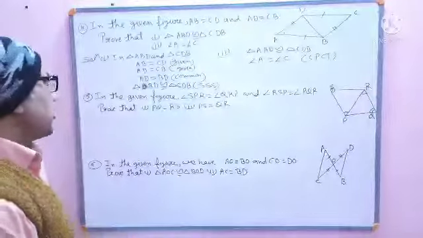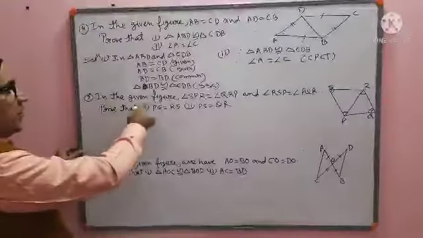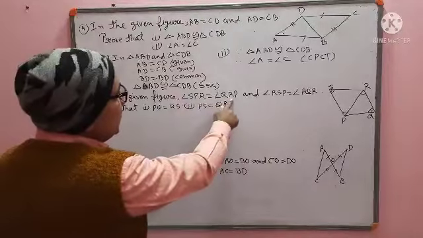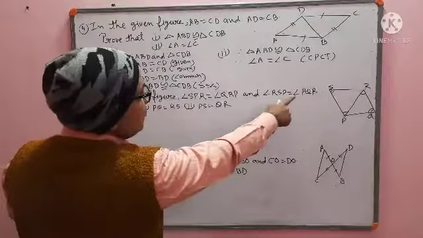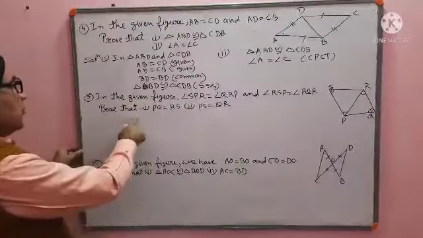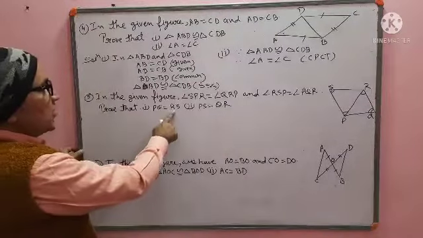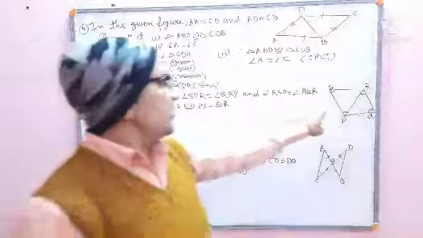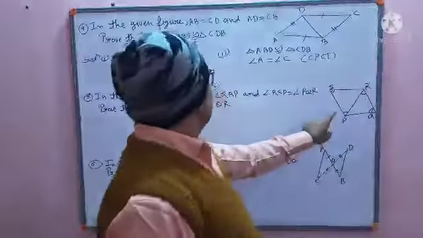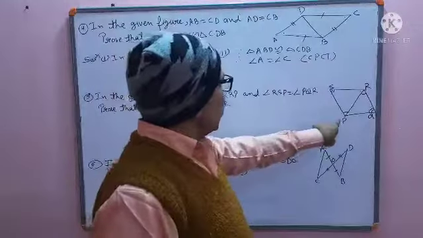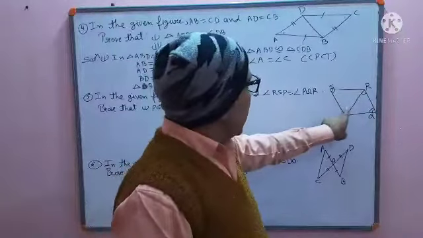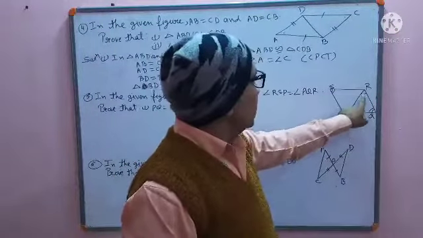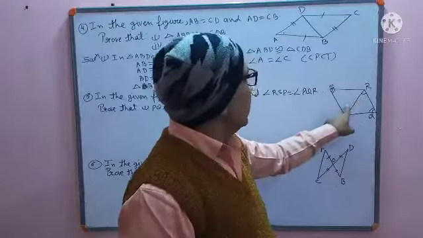Okay? Now see question 5 also. In the given figure, angle SPR is equal to angle QRP and angle RSP is equal to angle PQR. Then prove that PQ is equal to RS and PS is equal to QR. What is the picture made here? The triangle is not given. Angle SPR and angle PRQ, these two angles are equal, given.